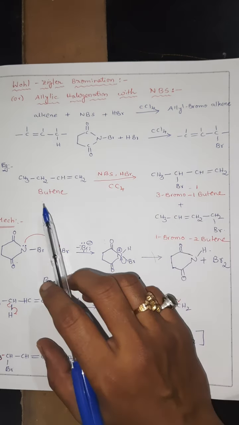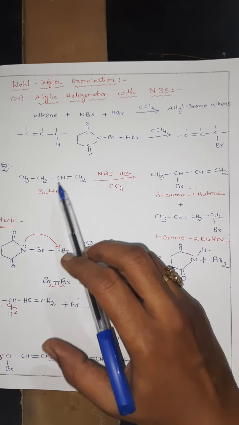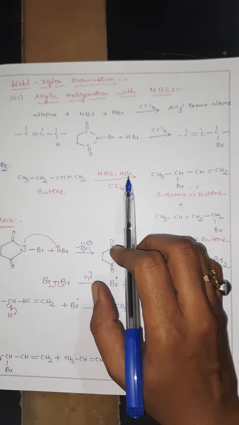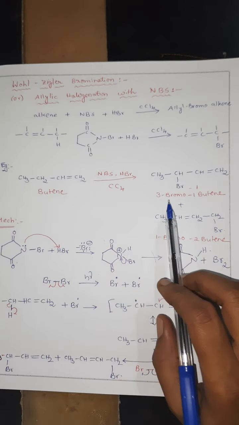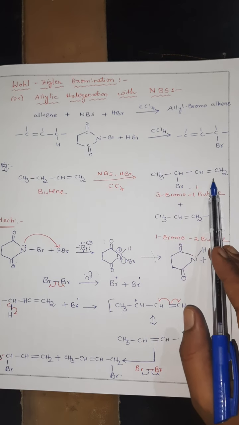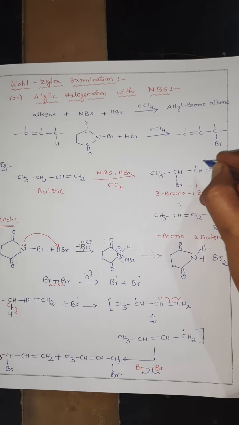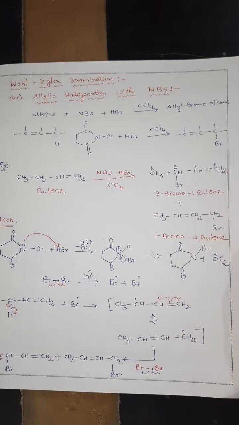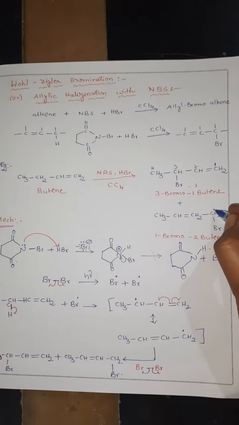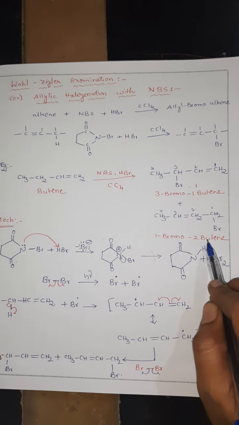For example, we take butene. When it is treated with NBS, N-bromosuccinimide, and hydrogen bromide, it forms two products, that is 3-bromo-1-butene, where this is the first carbon, second carbon, third carbon and fourth carbon, and 1-bromo-2-butene.